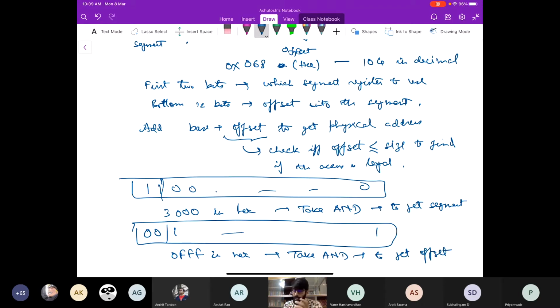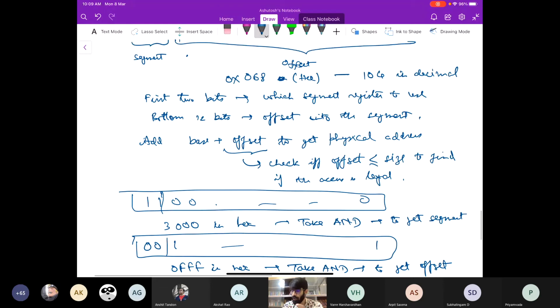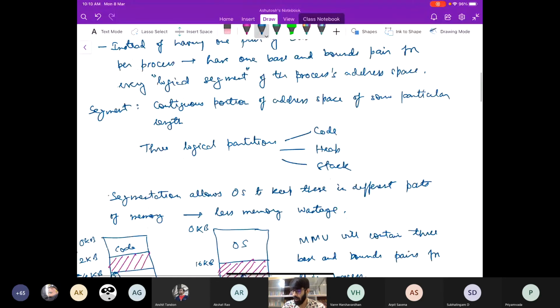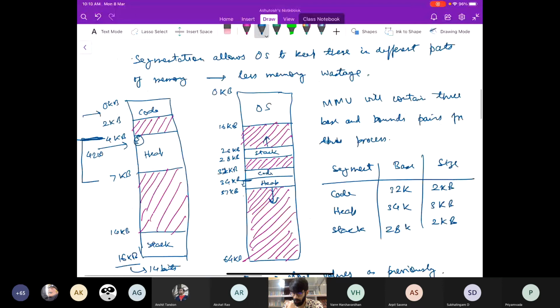So this makes the job easier if the address space is divided like this, so that the first 2 bits represent the logical segment. If you see our earlier figure of the address space, when I was drawing earlier, the heap started right after the code. Here we had some free space between them, so that the heap starts at 4 KB. So the first address of the heap is going to be 0 1 followed by all zeros.